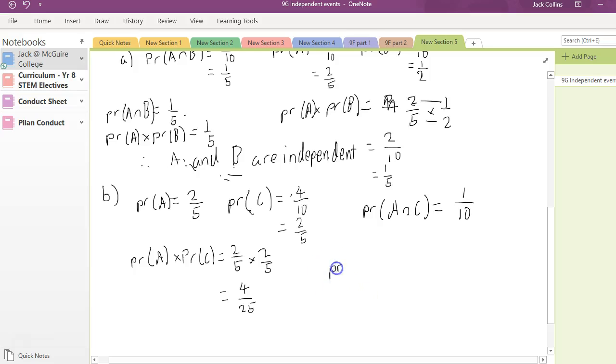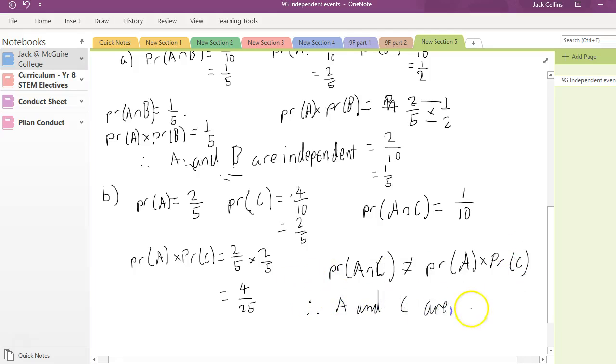So probability of A and C does not equal probability of A times probability of C. Therefore, A and C are not independent. So the selection of one will impact on the selection of the other.